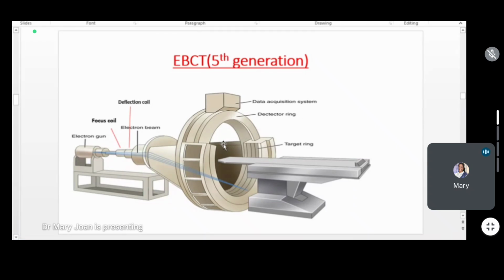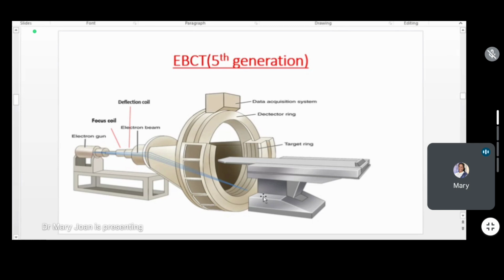We do not have a complete X-ray tube here. The X-ray tube is split into parts, where we have the source electrons from an electron gun, not from a thermionic filament, and those electrons are deflected. You can see the electrons coming like this. They get deflected over here to the target, which is under the couch.